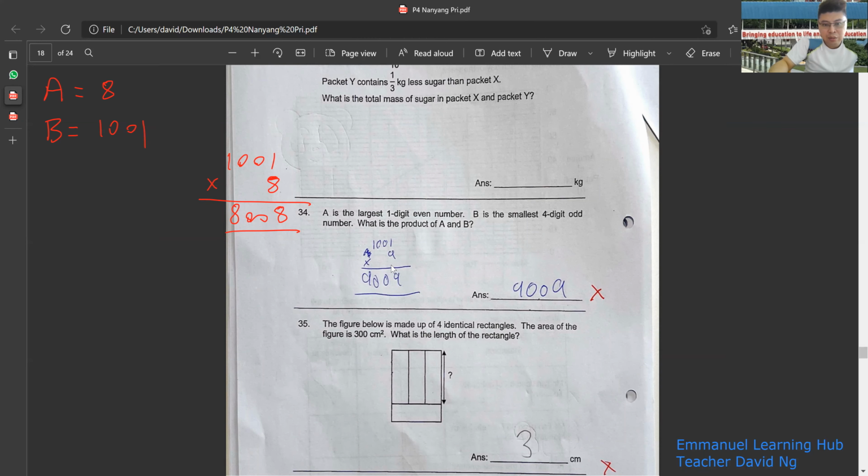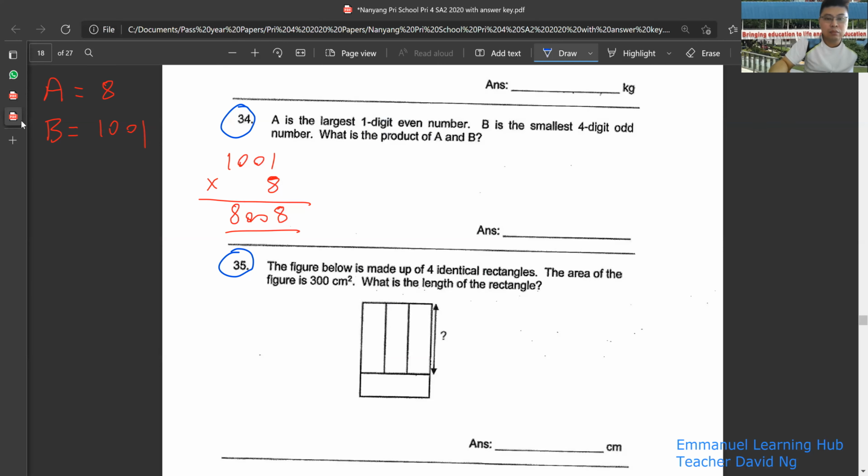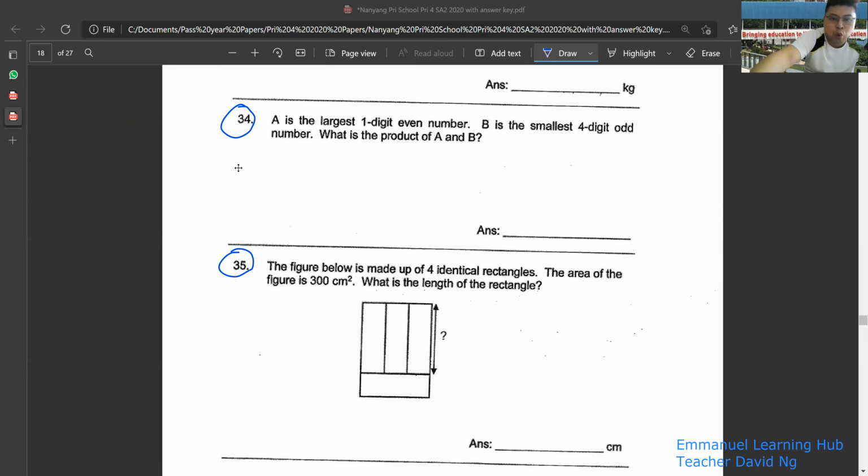Even number is not 9. Even number is 8. Okay? So it's sort of careless. You didn't check your work. You could have passed this paper, you know. But you are very careless.